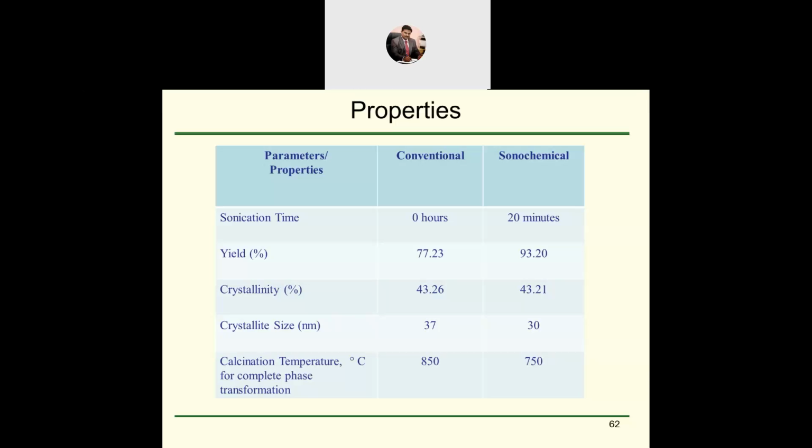So the sonication time for the conventional method we can consider as zero, because in sonochemical we have given an additional 20 minutes. Our close observation is that we can easily increase the yield up to 93%, while we haven't observed any difference in the crystallinity, while the crystallite size was reduced.